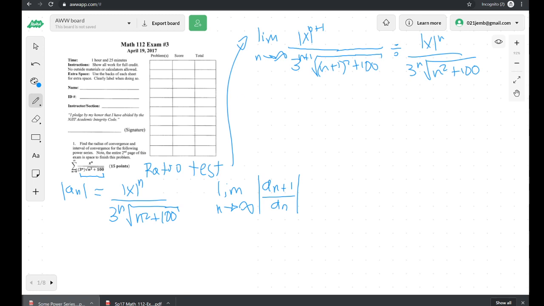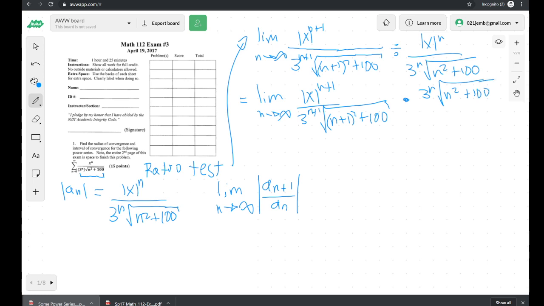So we have the limit as n approaches infinity of the absolute value of x to the power of n plus 1 divided by 3 to the power of n plus 1 times the square root of n plus 1 squared plus 100, all of this multiplied by the reciprocal, which is 3 to the n times the square root of n squared plus 100, divided by the absolute value of x to the power of n.